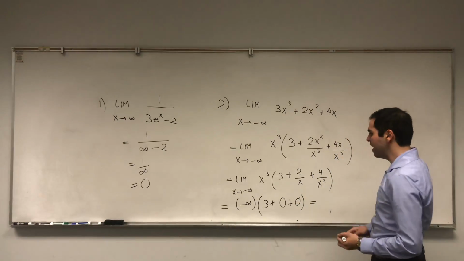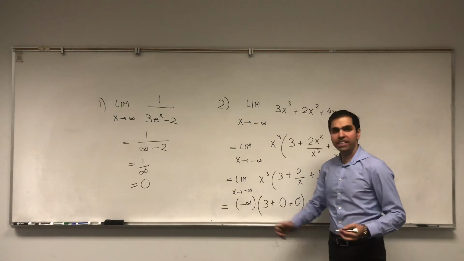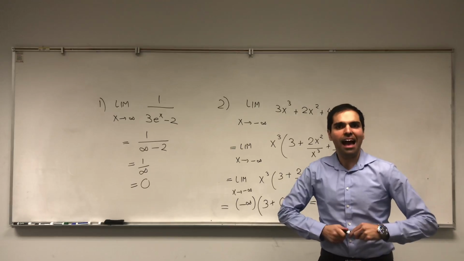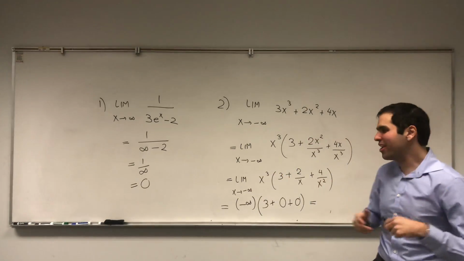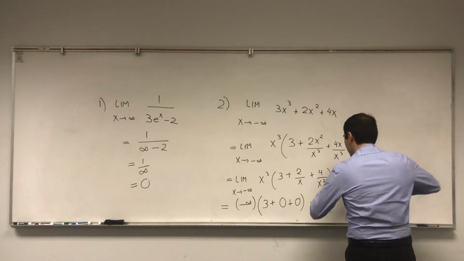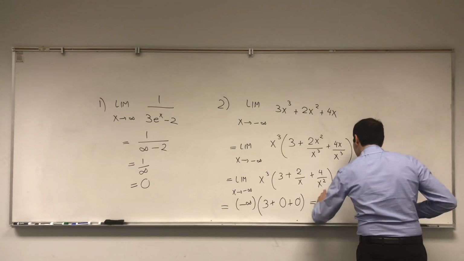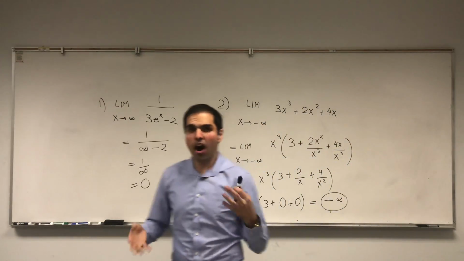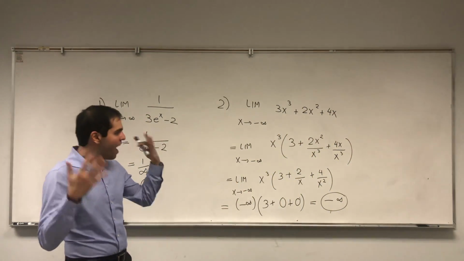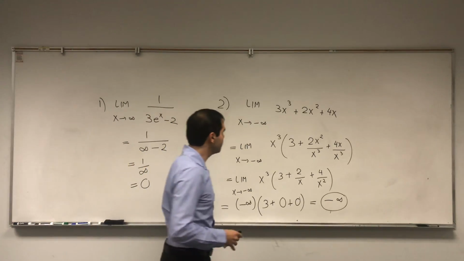And then what you get is simply 3 times minus infinity, and 3 times a very large negative number becomes a very large negative number. So it's minus infinity.